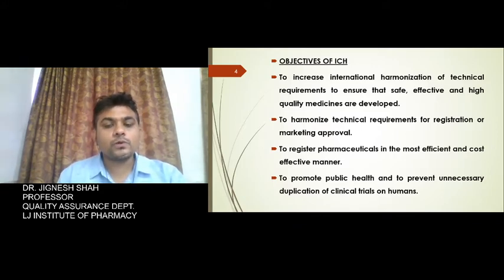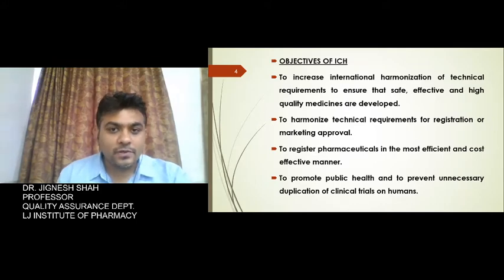This will ensure that wherever the drug is available throughout the world, it will be safe, effective, and a high quality medicine. So international harmonization of all the technical requirements is one of the primary objectives of the ICH committee.